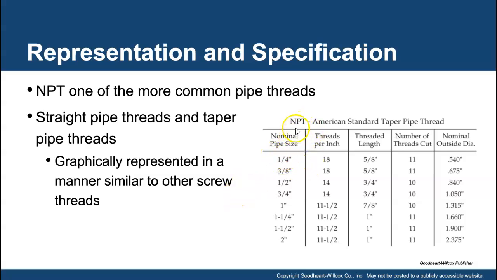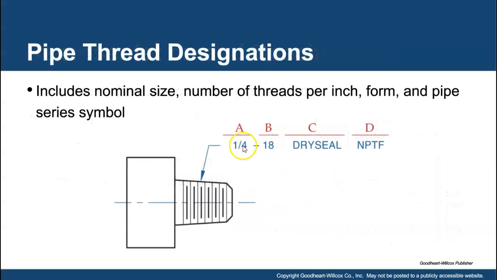Nominal size here, what we refer to as an NPT, is one of the common pipe thread types. This just gives you some of the sizes of your NPT pipe tap threads, showing the diameter, with your number of threads per inch, the form, and the pipe series. Notice that they do have that taper.